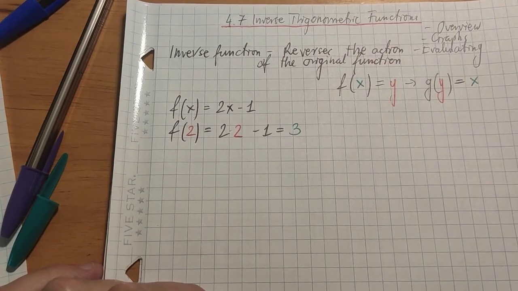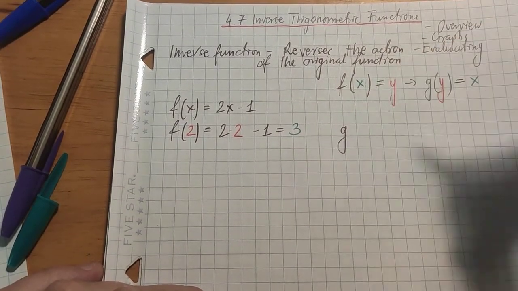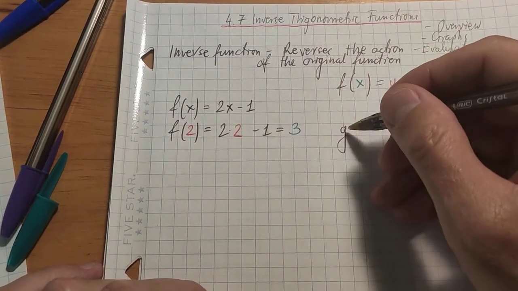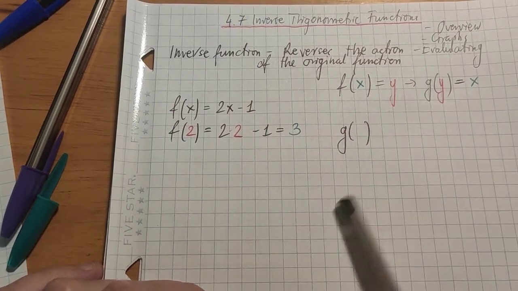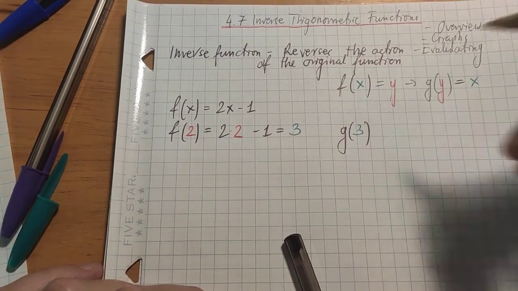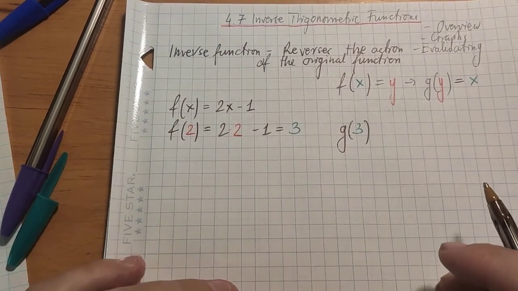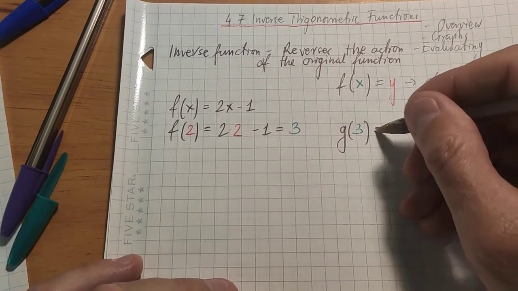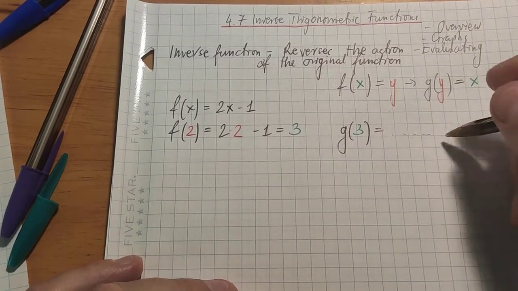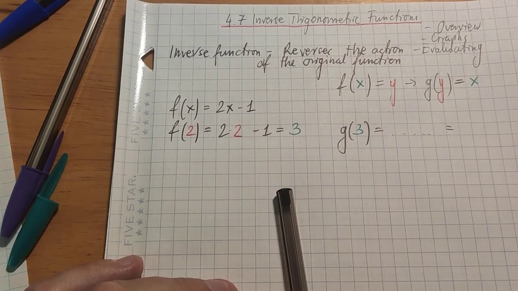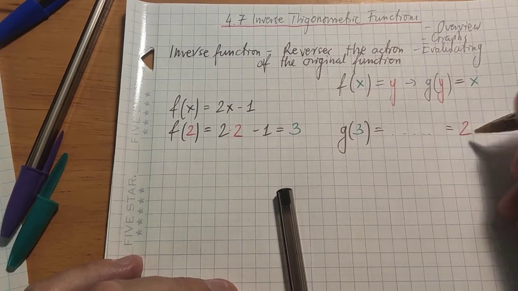Okay, so my g will take that 3. You see I'm taking that 3 and putting it in place of x, and I'll have some formula. I hope you can figure out what that formula is, and it's going to give me 2.